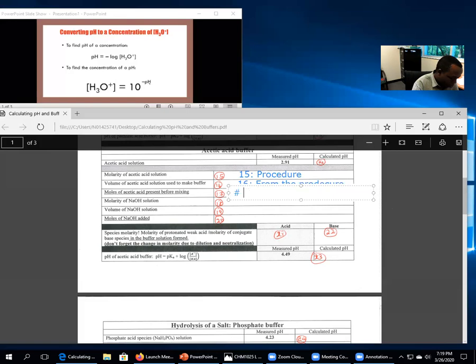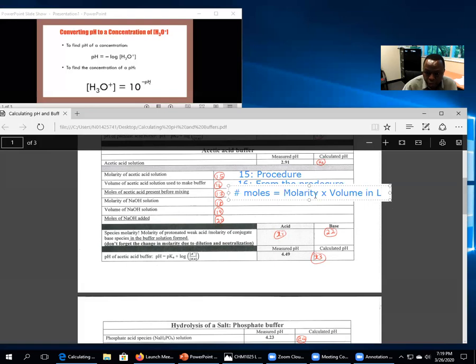Number of moles equals molarity times volume in liters. Again, this is from the procedure.